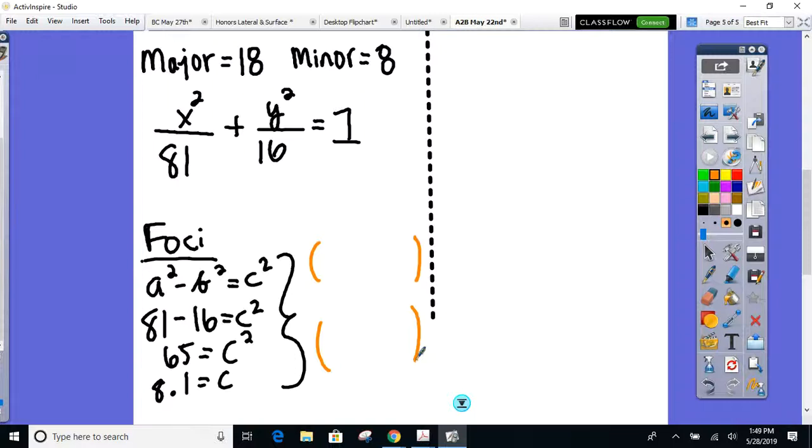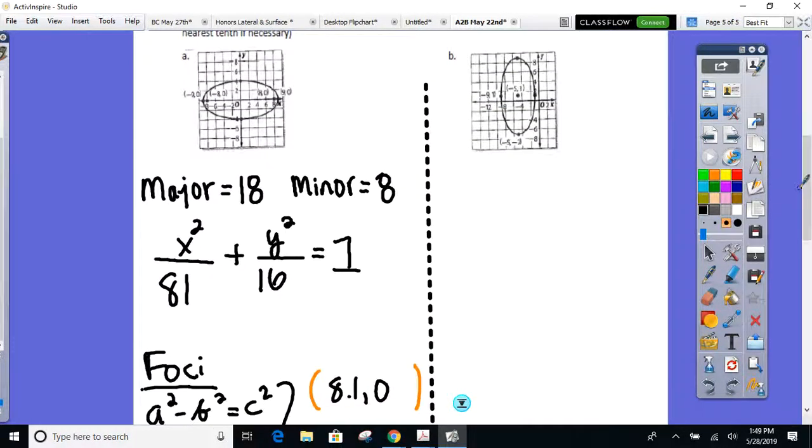So where are my two foci here? 8.1 comma 0 and negative 8.1 comma 0. All good?